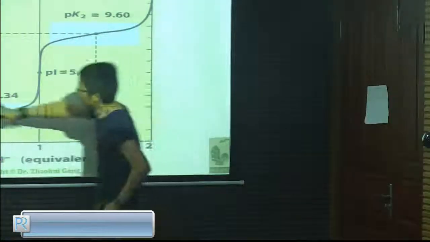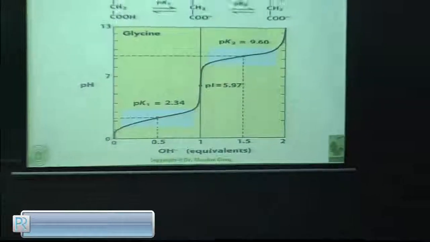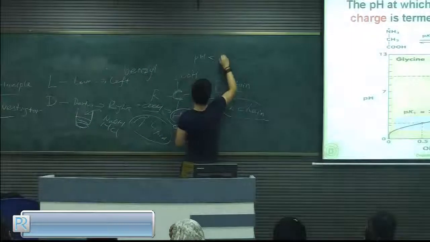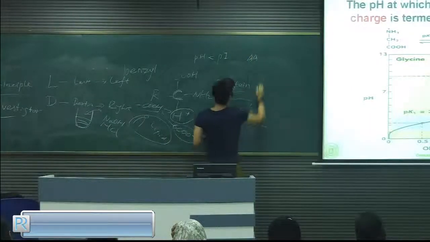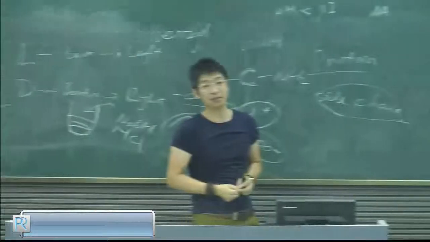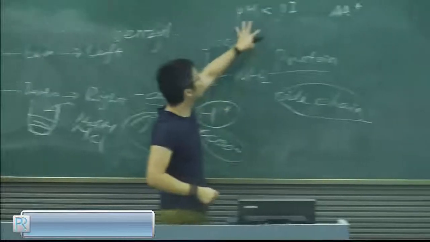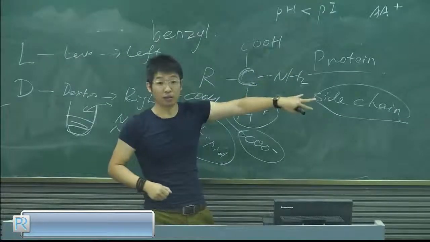But you know, at the left of this PI, where the pH value is less than the PI, is the amino acid negatively charged or positively charged? Yes, very good, positive charge, because there are more protons in the solution, right?